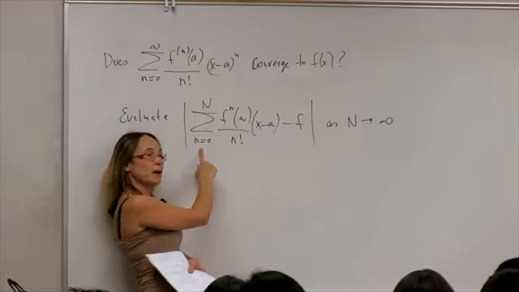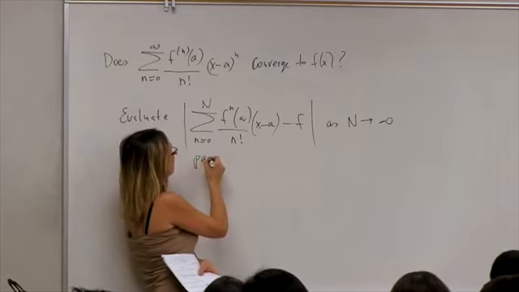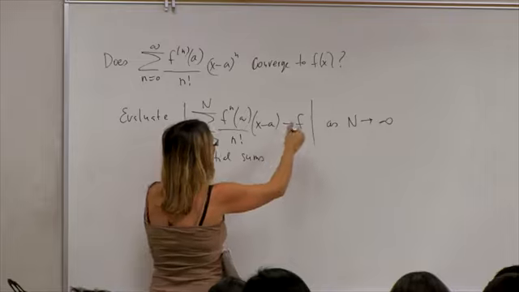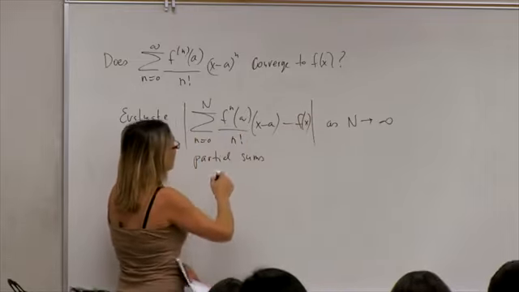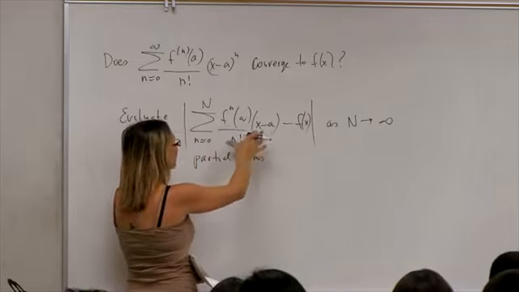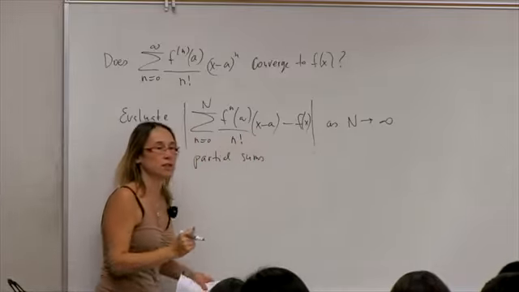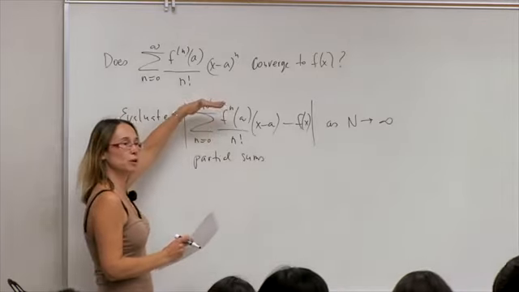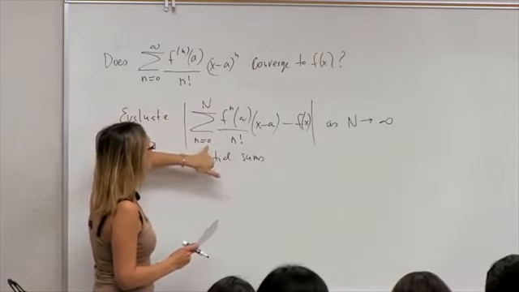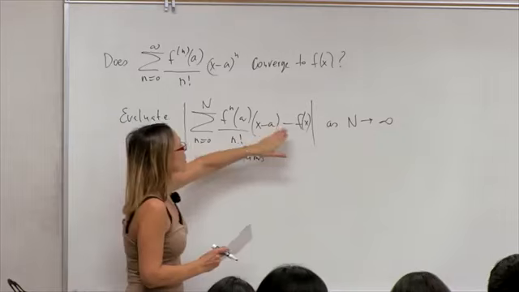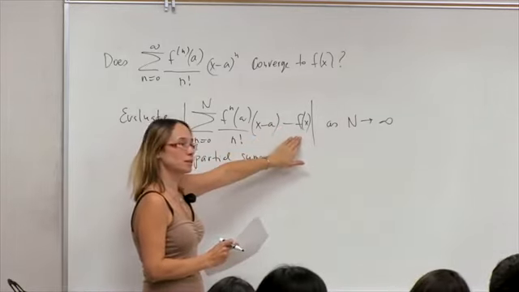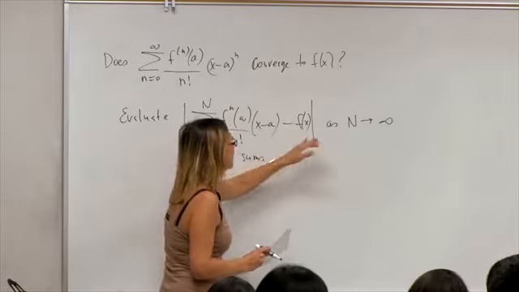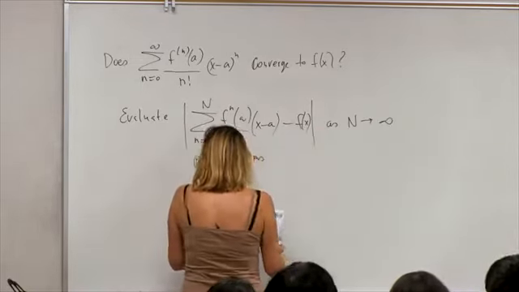We want to look at partial sums, and figure out how close they get to the target function f as n goes to infinity, where n is where I cut my infinite summation. So I'm going to sum from 0 to capital N, and take the difference between the partial sum and the target function. And I want to make sure that as n goes to infinity, this goes to 0. This is called the remainder.